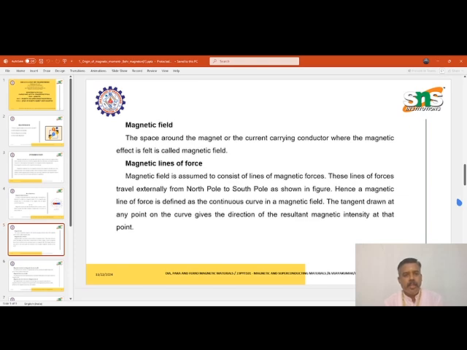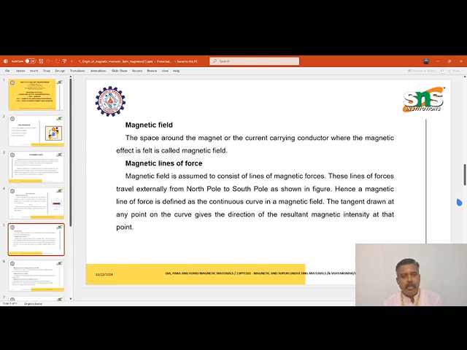Magnetic field: the space around the magnet or the current carrying conductor where the magnetic effect is felt is called the magnetic field. Magnetic lines of force: the magnetic field is assumed to consist of lines of magnetic force. These lines of force travel externally from the north pole to the south pole, as I already showed in the figure. Hence, a magnetic line of force is defined as a continuous curve in a magnetic field, along which the flux moves from north pole to south pole.